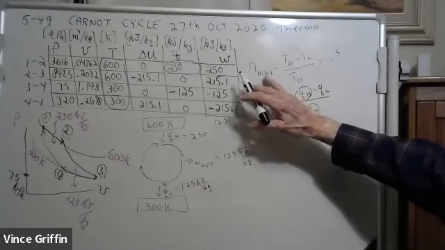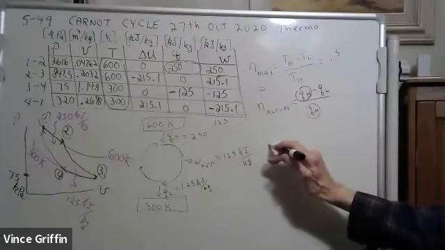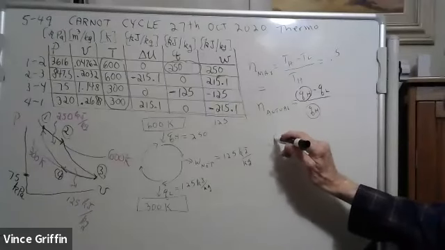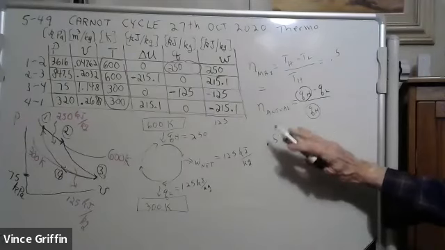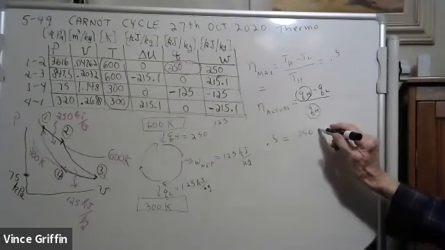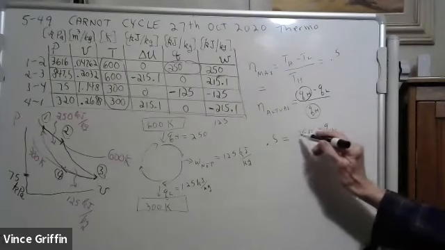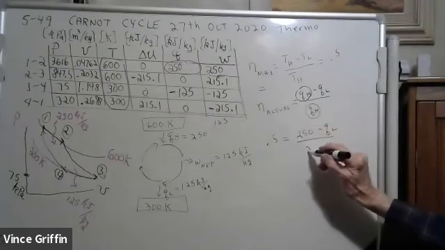Now, if the maximum efficiency is equal to the actual efficiency, then 0.5 is equal to 250 minus Q sub L over 250.